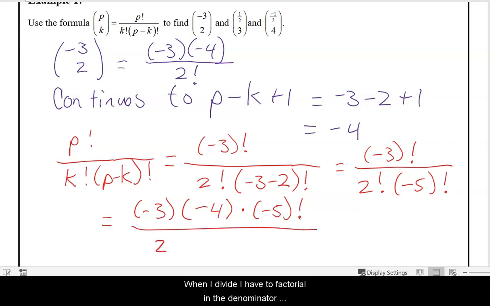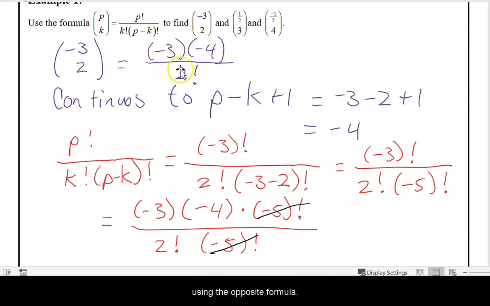When I divide, I have 2 factorial in the denominator times the other -5 factorial. That means that the two -5 factorials will cancel, and I'm left with exactly the same formula that I got up here using the opposite formula.